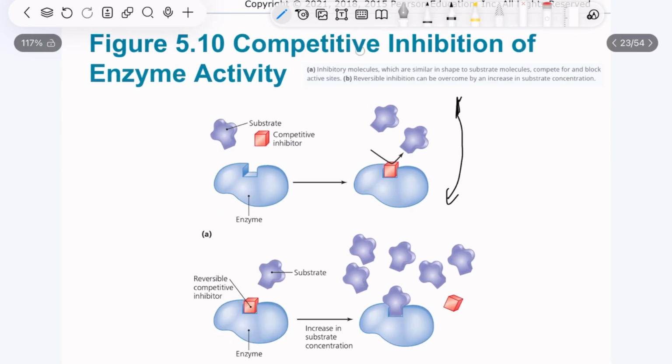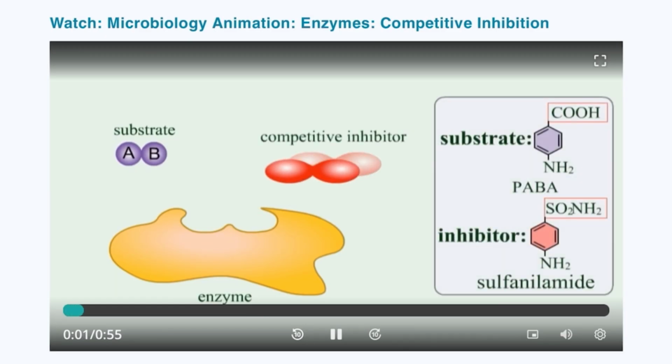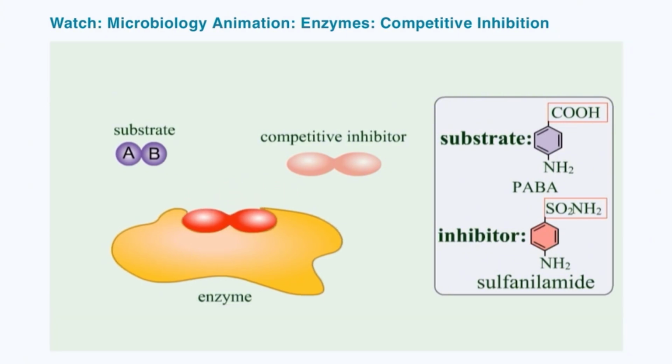So let's look at the competitive inhibition of enzyme activity. Figure A shows an inhibitory molecule, similar in shape to substrate molecules, that competes for and blocks active sites. Reversible inhibition can be overcome by an increase in substrate concentration. A competitive inhibitor is a substance that is structurally similar to the enzyme substrate, but which does not react to form products.